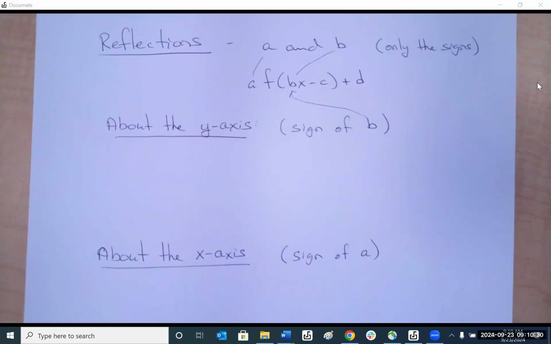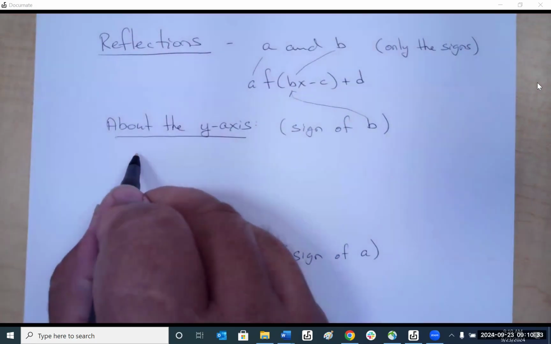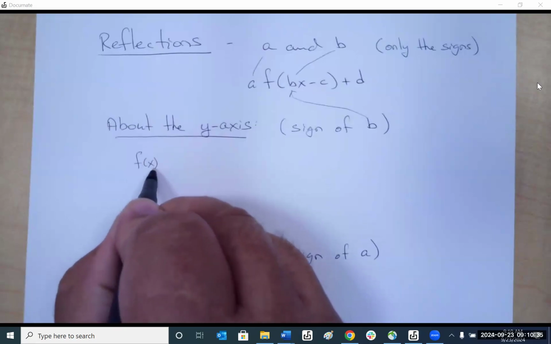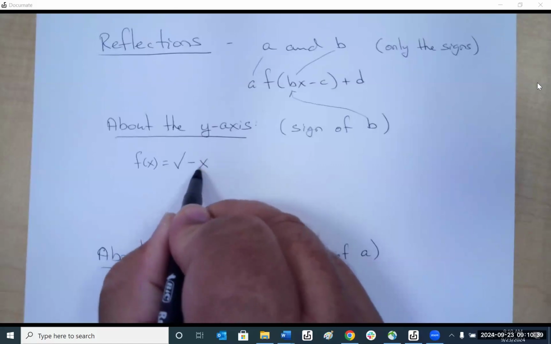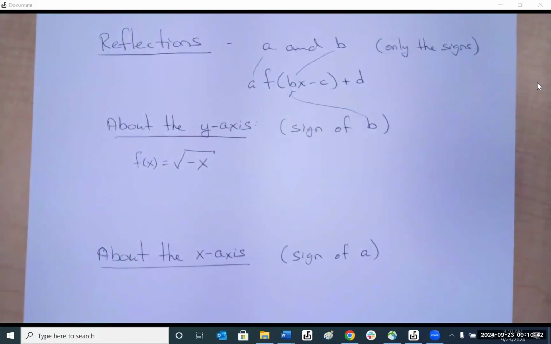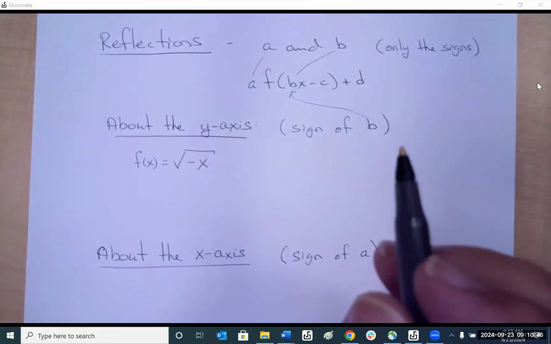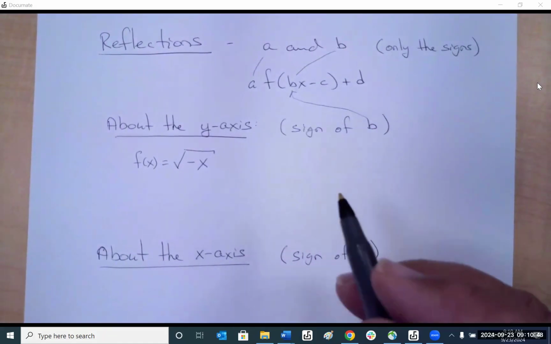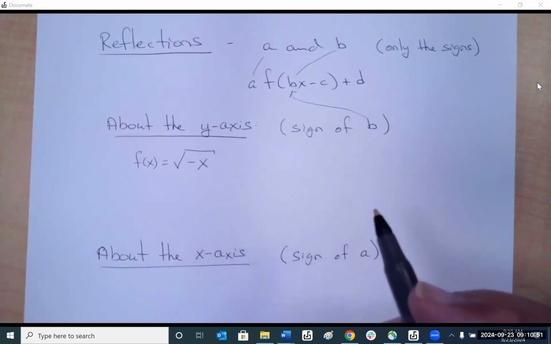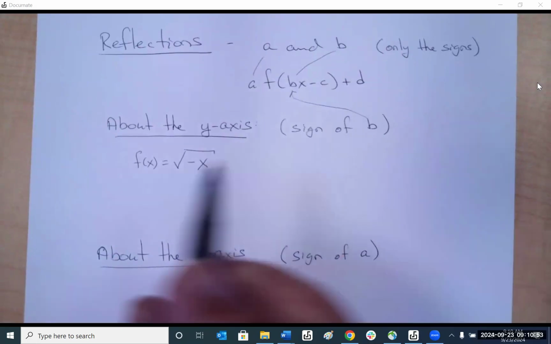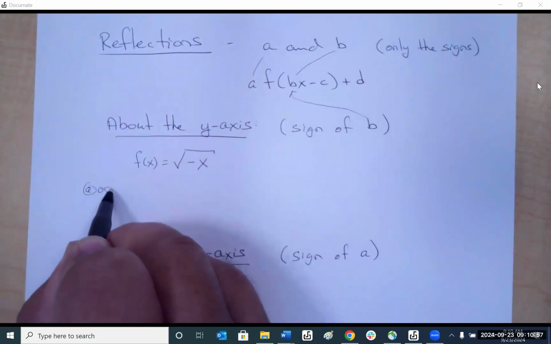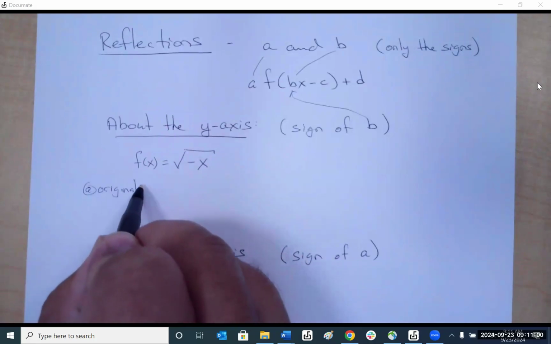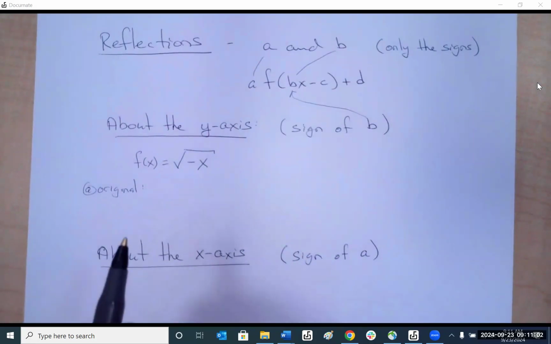Let's look at what this means. The easiest one I can give you an example of is this. What's the original function?